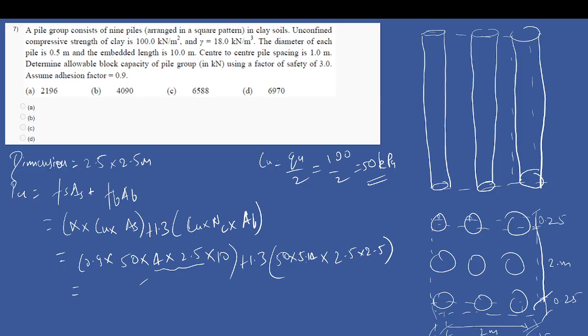So now let's see this. I'm getting it at 6588.125.